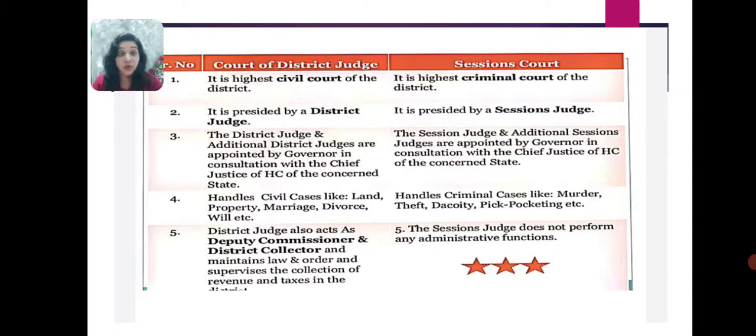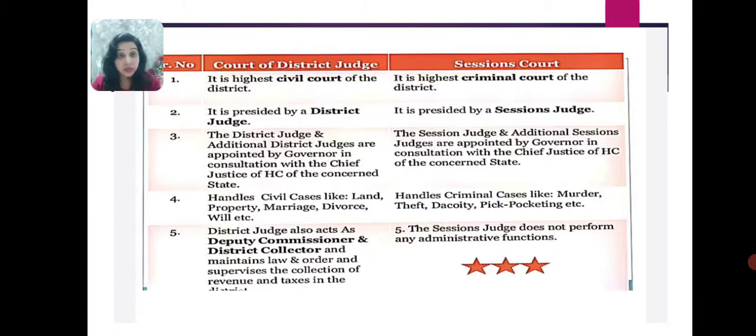District court or court of district judge is considered the highest civil court of the district. This is a very important topic that you have to learn as it is. So when it is the highest civil court of the district, the district court is presided over by the district judge.